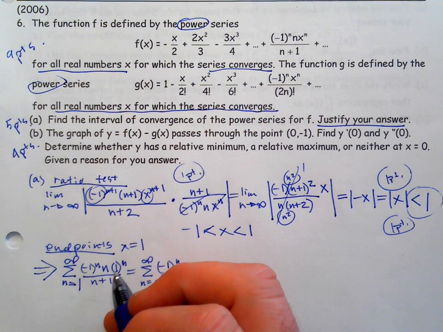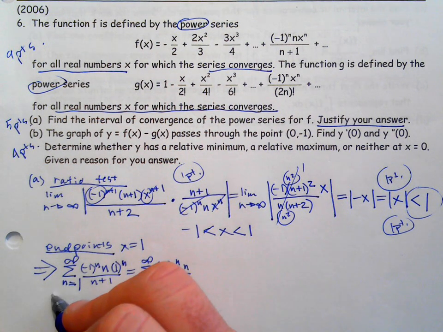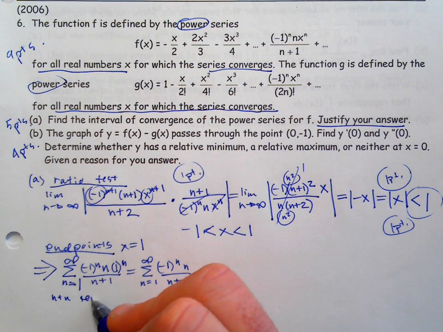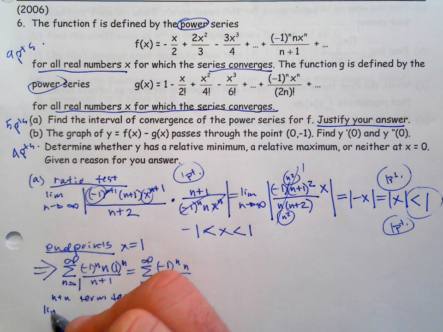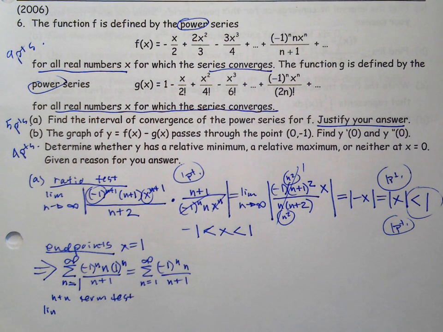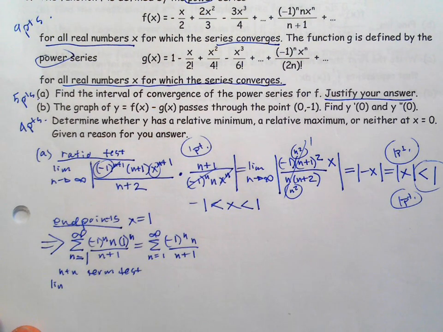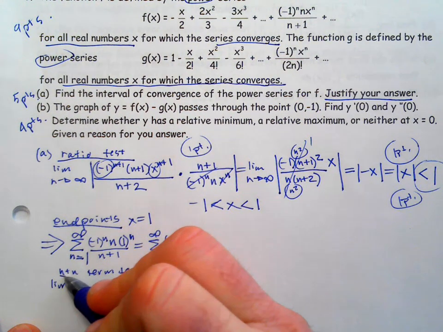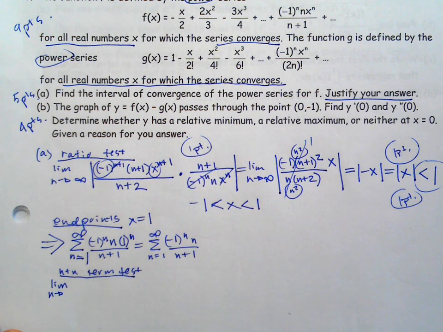So we're going to take the nth term test limit as, okay, so limit as, so we want to write the name of the test as if we were trying to just determine if a number series converges or diverges.